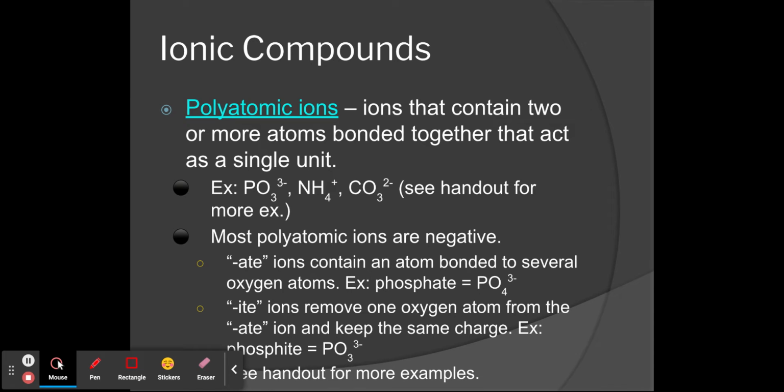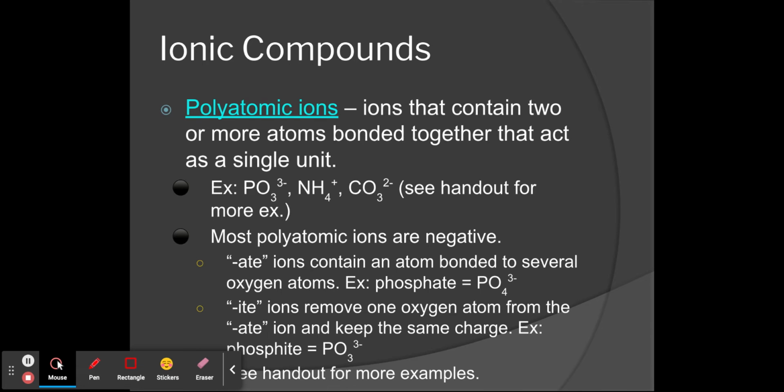If you go to the handout that I posted in Classroom for you, let me pull mine up really quick. So, under classwork, you'll see under Unit 5, I'm actually going to move it up for you into this week. Variable charges and polyatomic ions handout. This is going to be helpful for you.